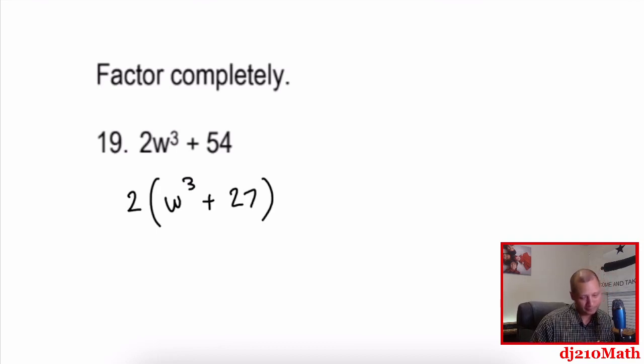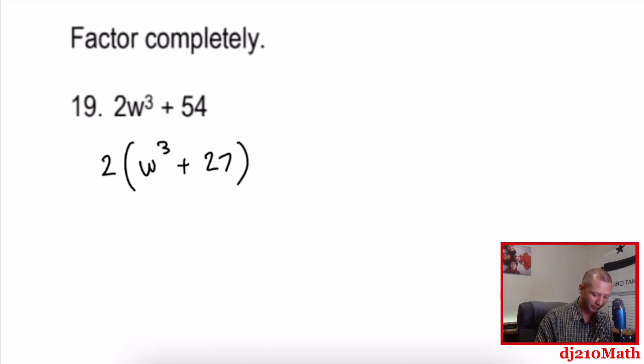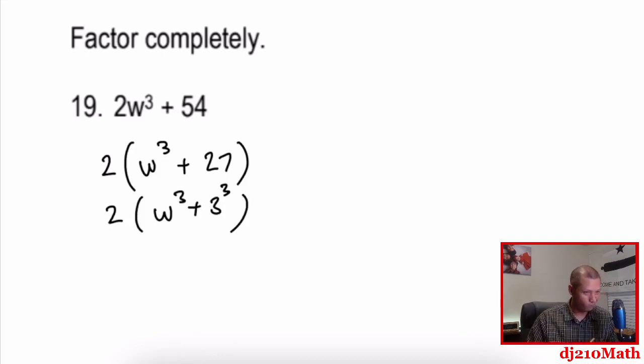All right, this is where you've got to be able to notice cubes. 27 is really 3 cubed. 3 times 3 is 9, times 3 is 27. So what this is saying, here we have a sum of cubes.